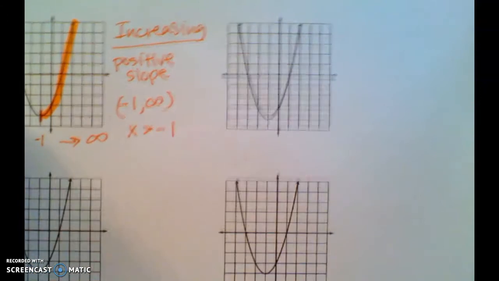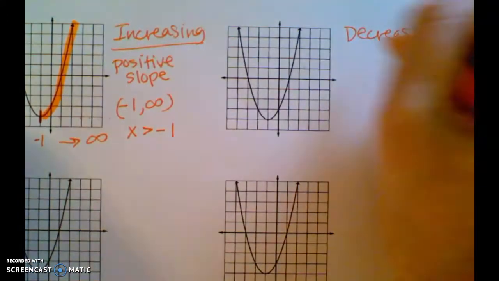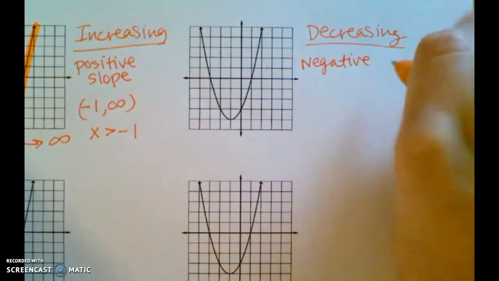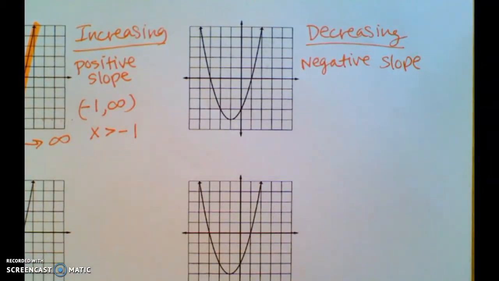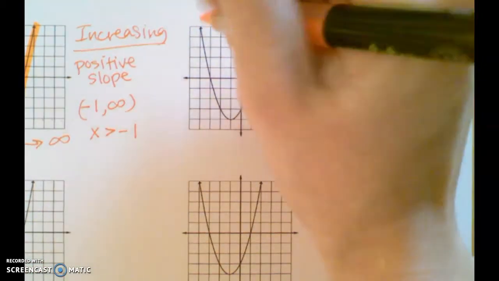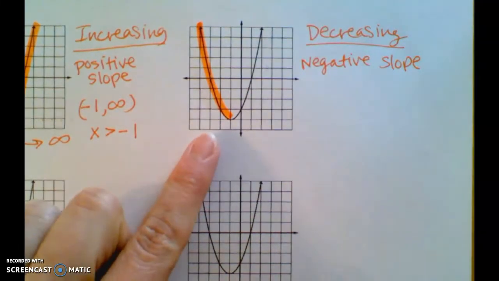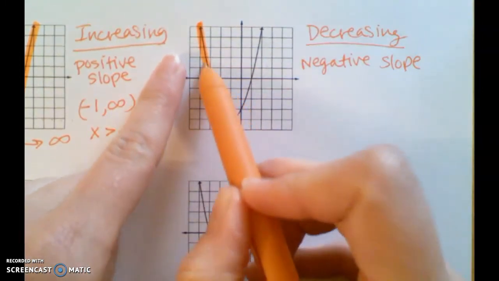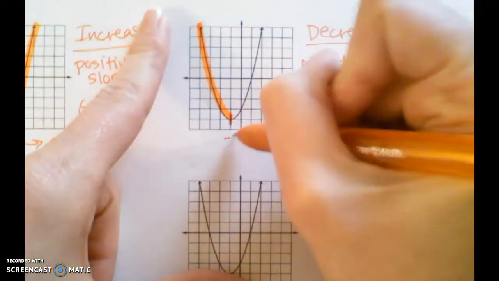Well, what if we want to know where it is decreasing? That means, where is there a negative slope? So for a negative slope, that means where is the graph going down when we look from left to right? And from left to right here, it's going down from here, and notice there's an arrow. So it really is going like this forever and ever, and then it stops here again at -1.